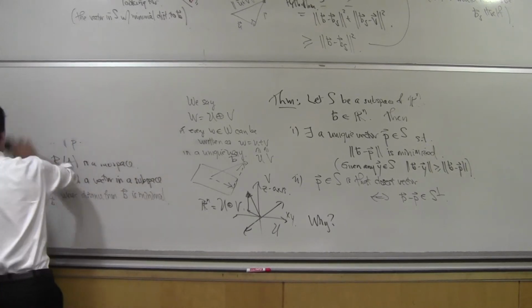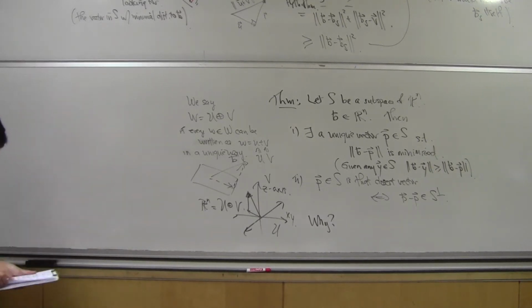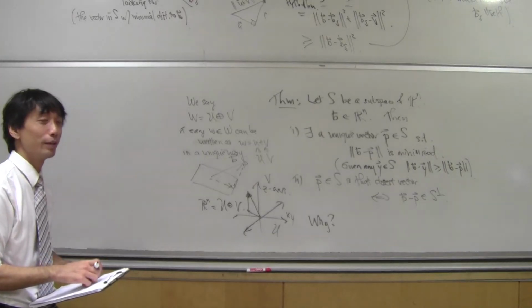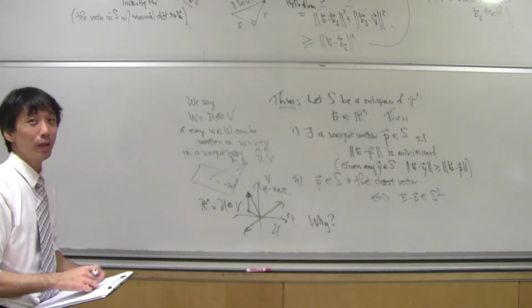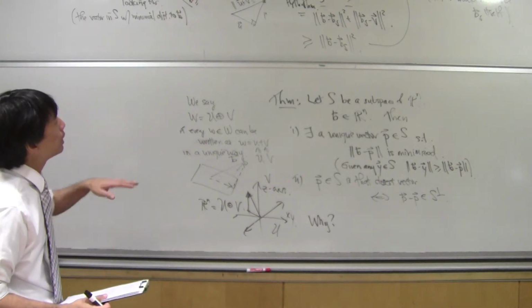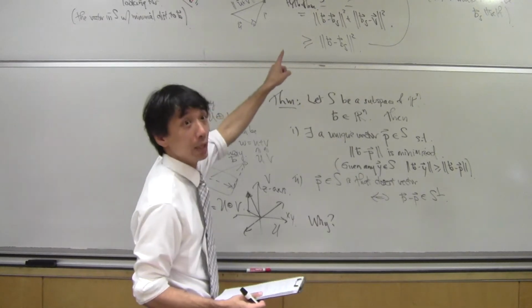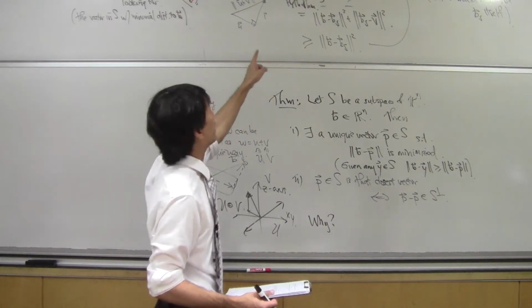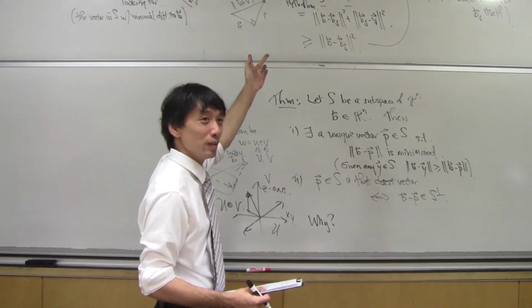Great question: how does one think to put in minus BS plus BS into the B minus V squared? Well, it sort of makes sense because you're trying to compare this to the distance of B to BS, and you're starting off with this thing B minus V. How do you work in the distance to BS?